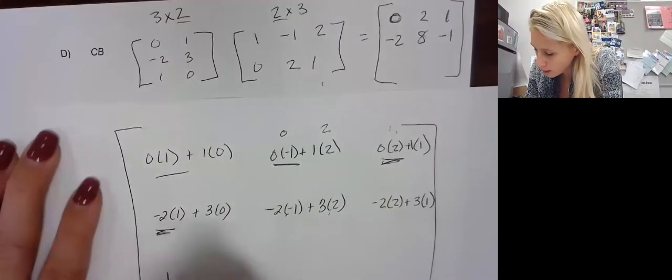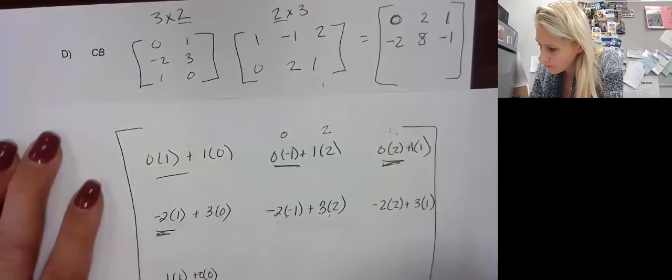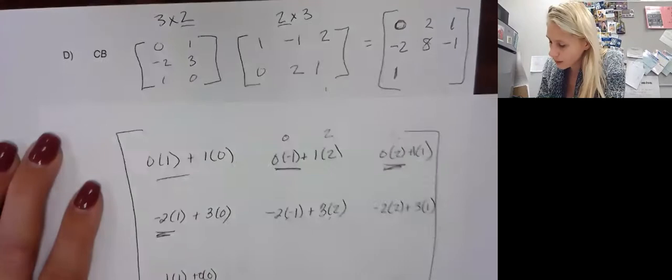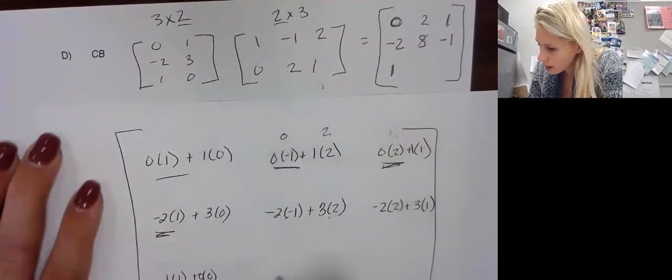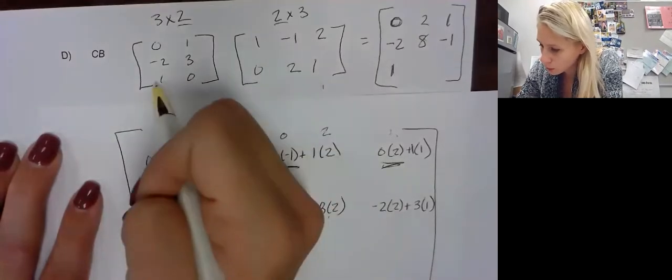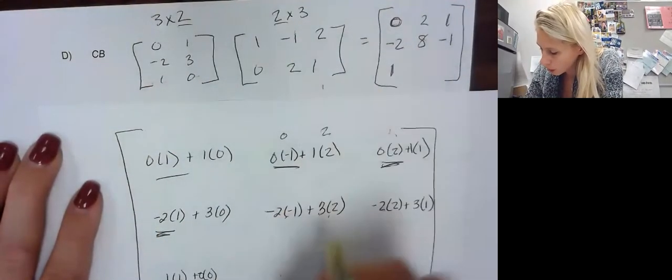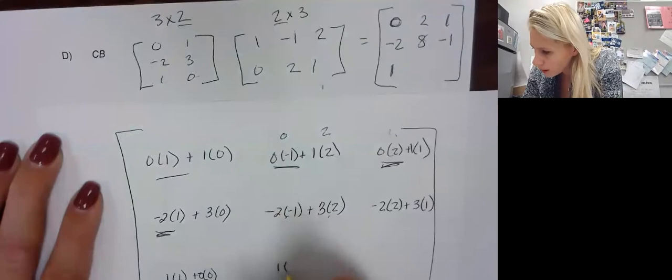So this is 1 times 1 plus 0 times 0, which of course is 1. Be careful on your multiplication and addition. Okay, row 3, column 2. So row 3, column 2. 1 times negative 1 plus 0 times 2.